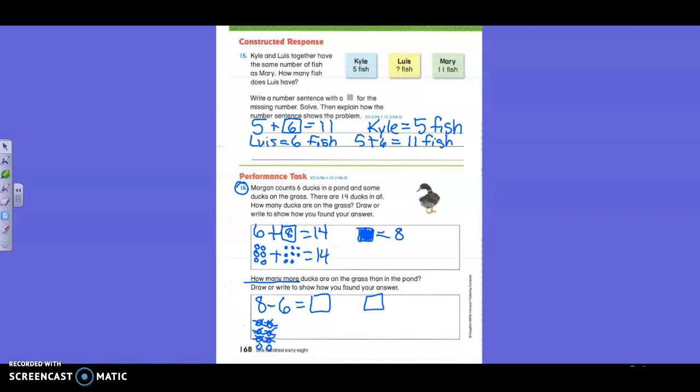What do I have left? 2. Okay, so box equals 2 ducks. So drawing and finding answers or writing the number sentences can be easy, correct? Yes. Okay, this is probably what you're going to be doing tomorrow on your back part of your math.